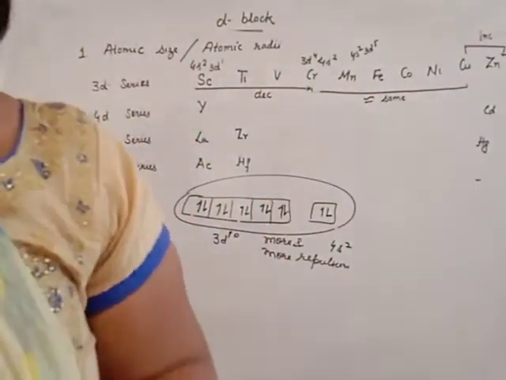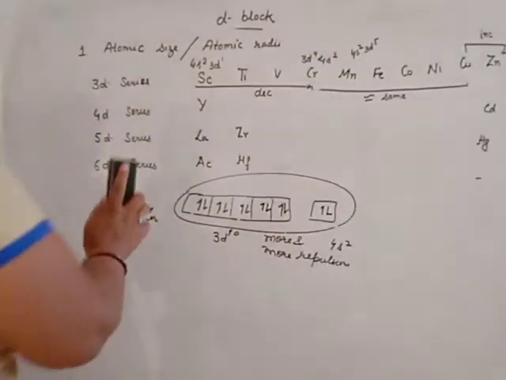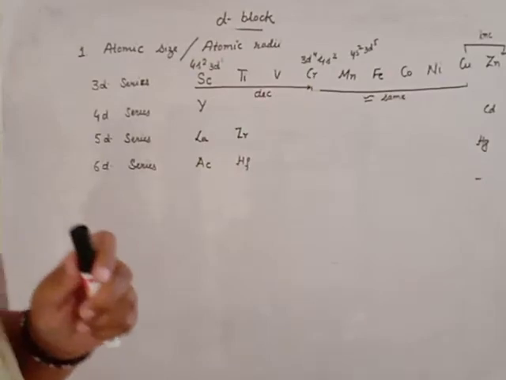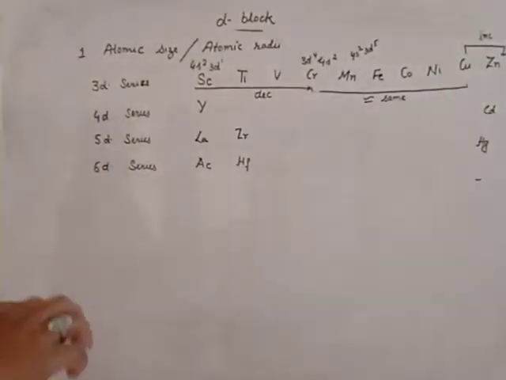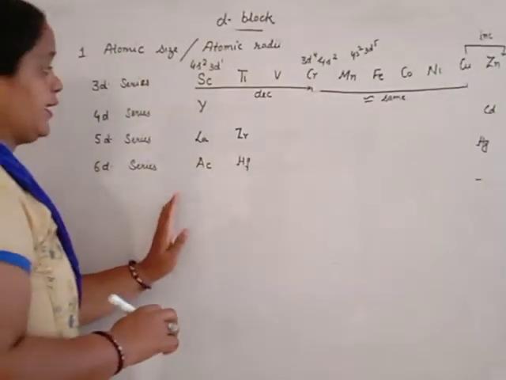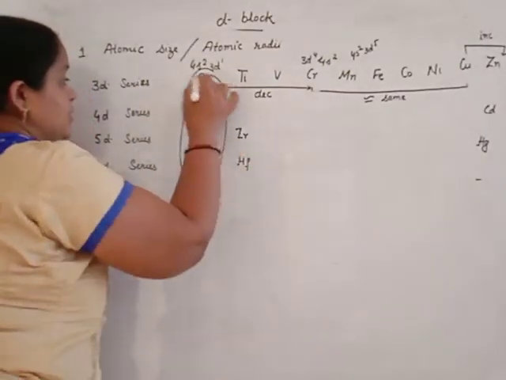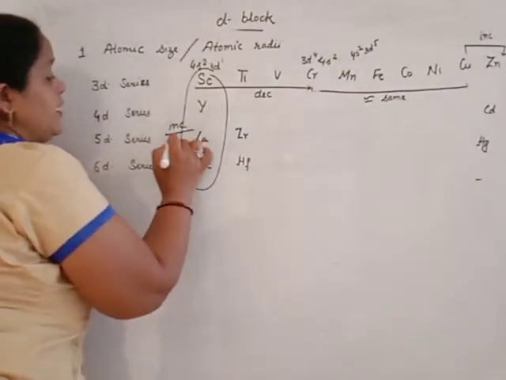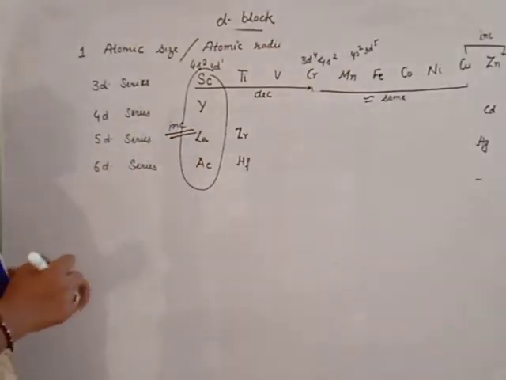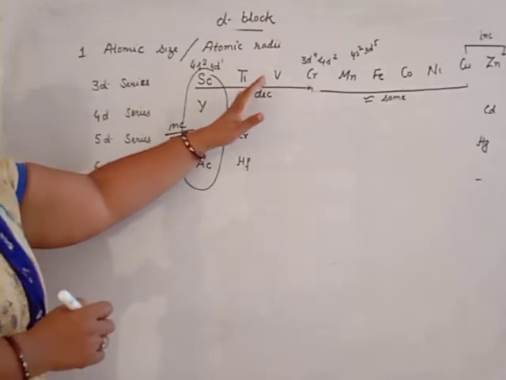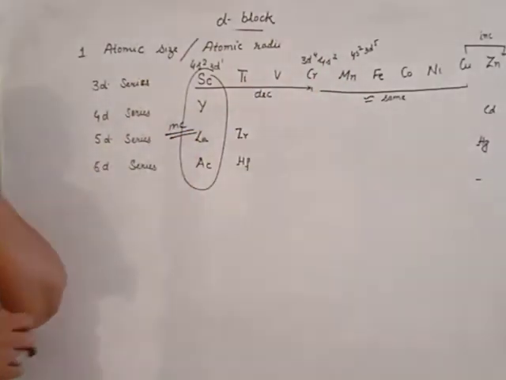Then, as we move down the group, beta, atomic size increases, it is okay. It is okay only up to the third group, not for the fourth to 12th group.